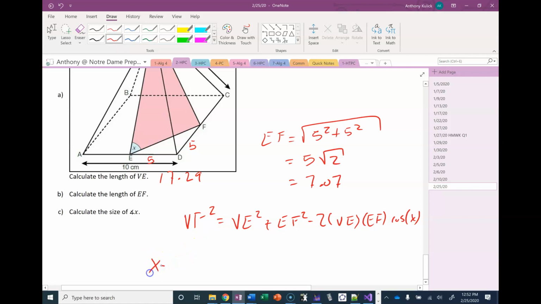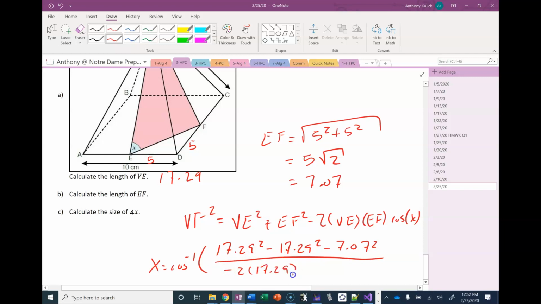So x is going to equal the cosine inverse of 17.29 squared minus 17.29 squared minus 7.07 squared over negative 2 times 17.29 times 7.07. And that should give me the right answer.